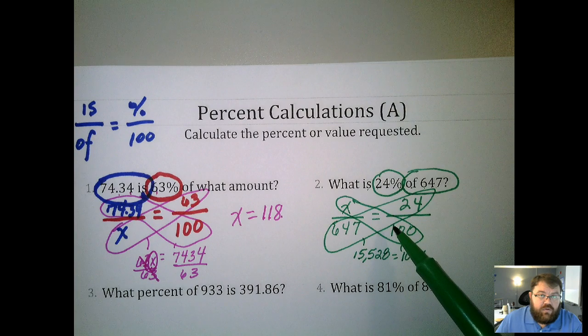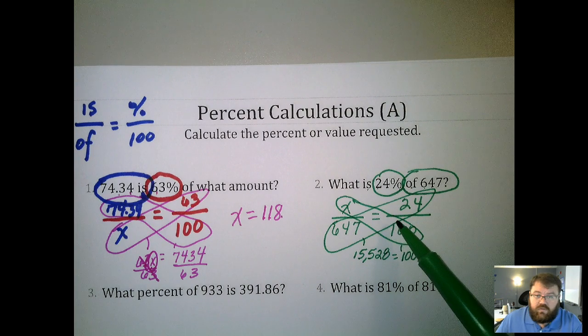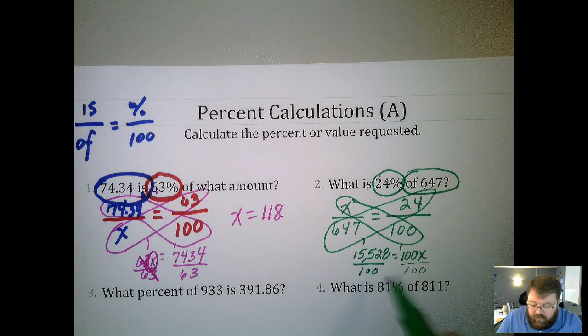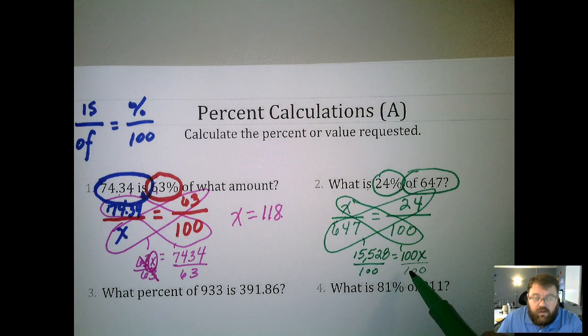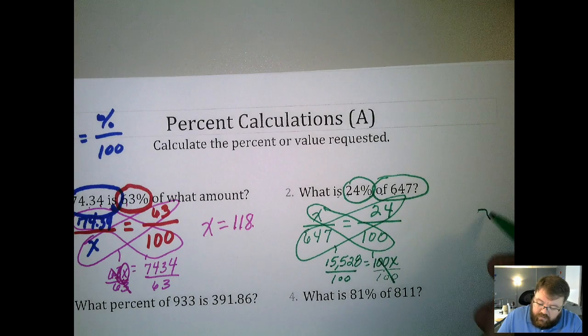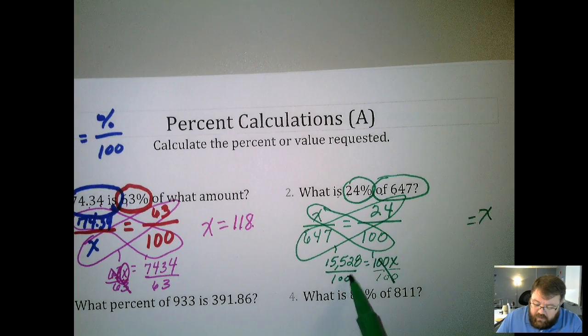We've had our proportions unit the first 9 weeks, which we dealt with solving these types of problems. From here, I'm going to divide both sides by 100. I know that I'm dividing by 100 because that's the number that's with my variable. 100 divided by 100 is equal to 1. So we are left with x equals 15,528 divided by 100, I would just move my decimal 2 places.